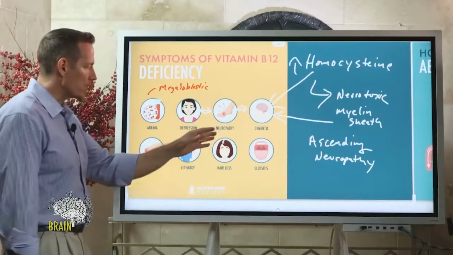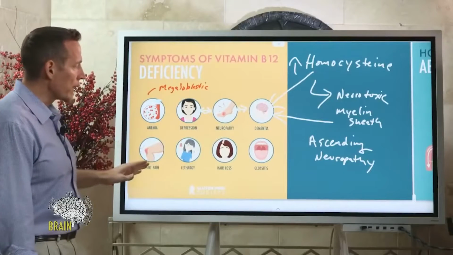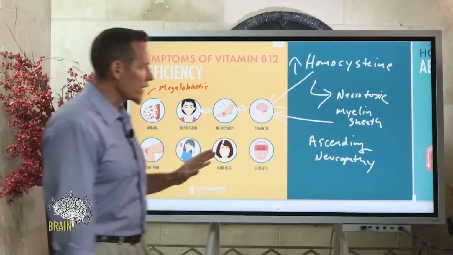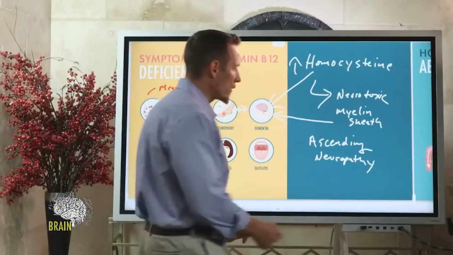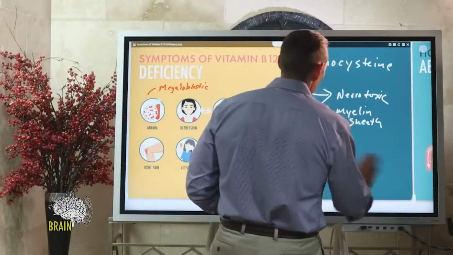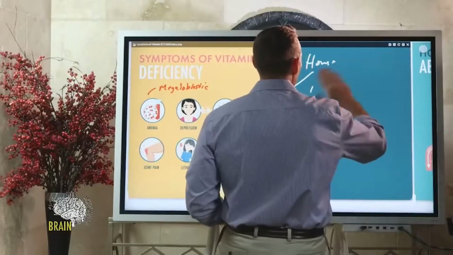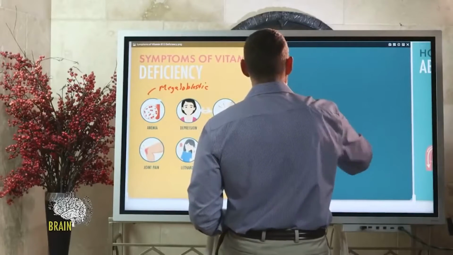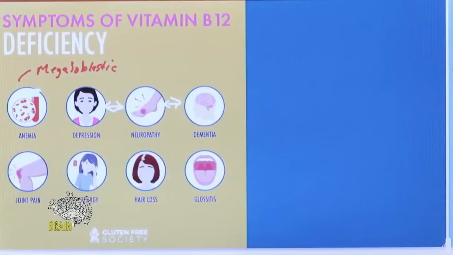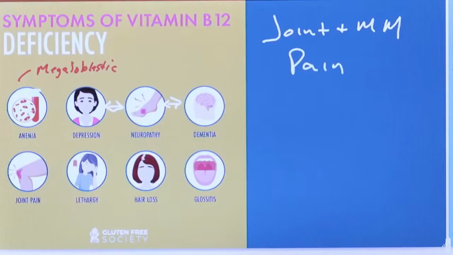Then we come down to some of these other symptoms. Joint pain. Joint pain is actually quite commonly caused by low B12, joint and muscle pain both. When you're low in B12, what happens, generally speaking, is your muscles have depleted O2 levels.